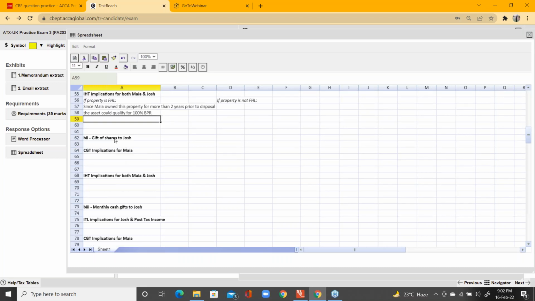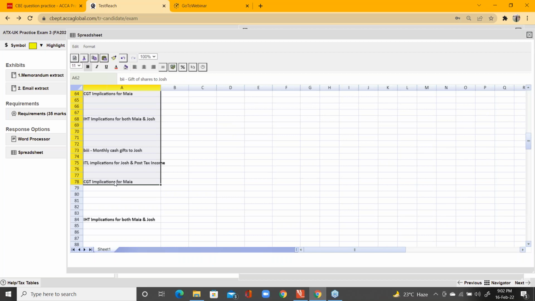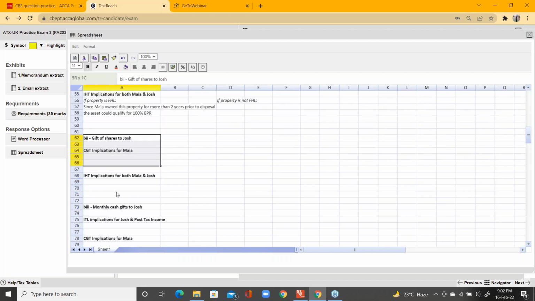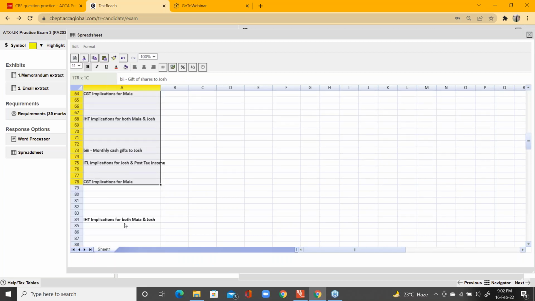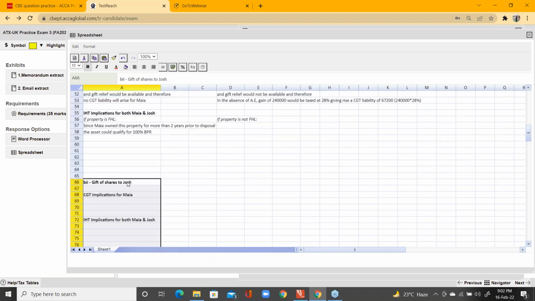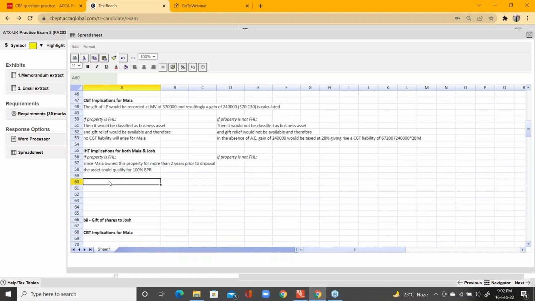And these implications are for Maya, but what's there for Josh? Because under this part we have to discuss both persons.